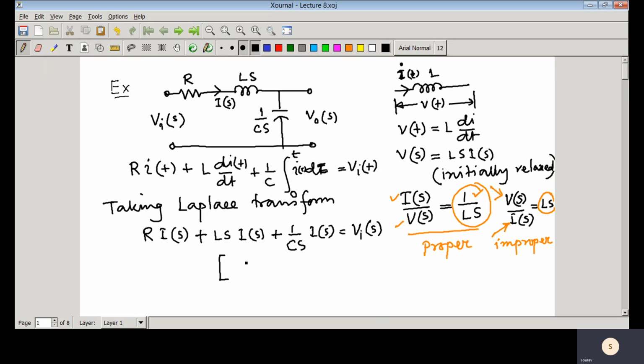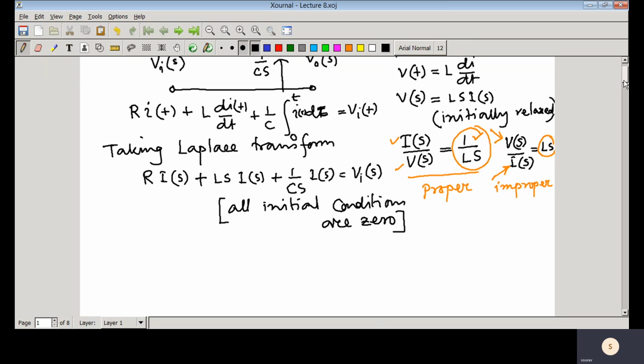As we are interested in finding the transfer function, all initial conditions are 0, because from the definition of the transfer function, we need to assume that all initial conditions are equal to 0. That is one of the disadvantages of transfer function based modeling.